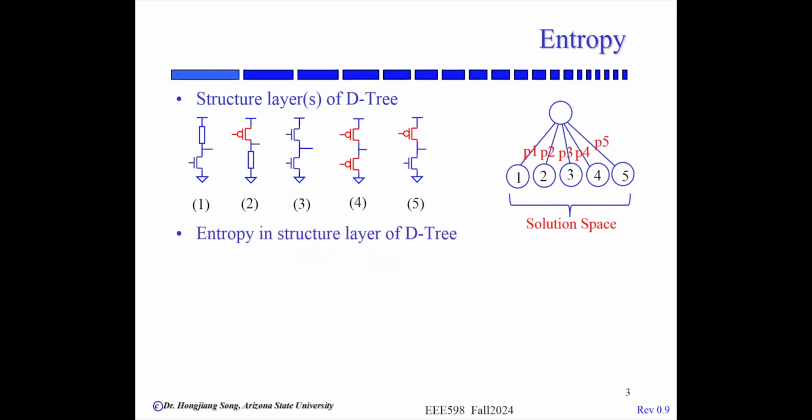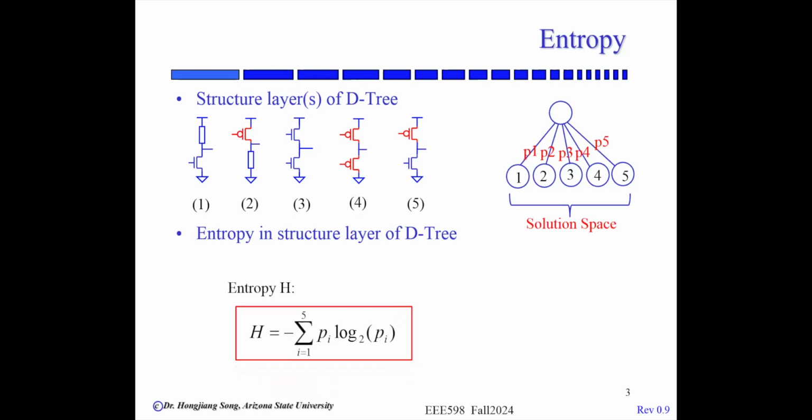So now on this decision tree, we can define the entropy of the decision making by this equation. That means this is a summation over all of the probabilities P and log 2 P.